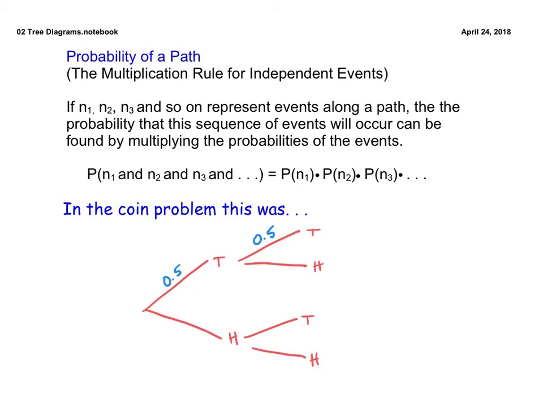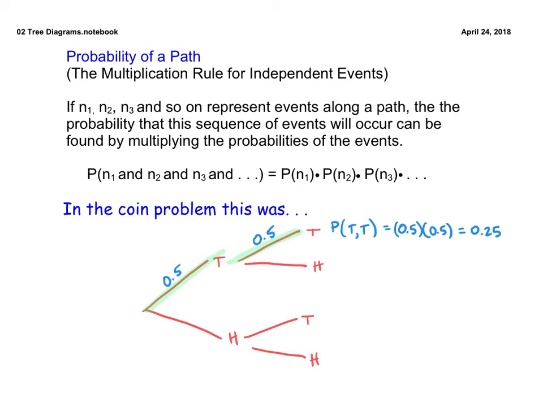So if we're looking at the probability of a single path, so let's say that we're looking at the probability of flipping tails and then flipping tails a second time. This would be considered a path on the tree diagram. The way we calculate that would be that we are taking the probability of tails and then tails again, which is going to be 0.5 multiplied by 0.5, and that gives me 0.25.